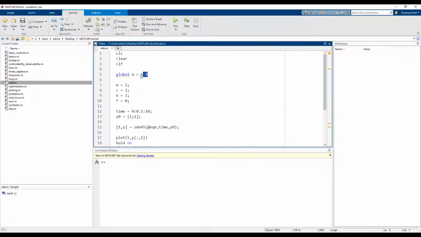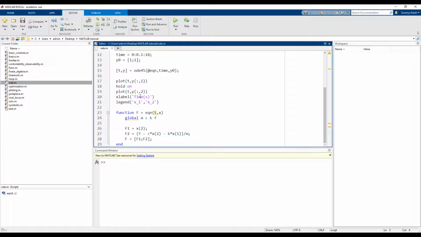Here I am defining another thing. Global: you can define some variables as global, and in the function, suppose you can have multiple functions where you will call them, but some of the variables will have the same values, a global value.